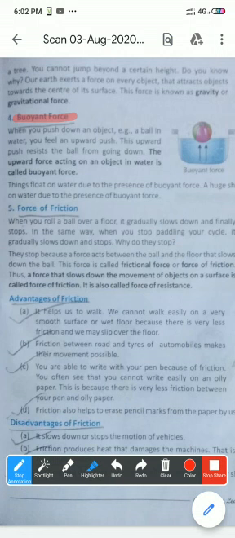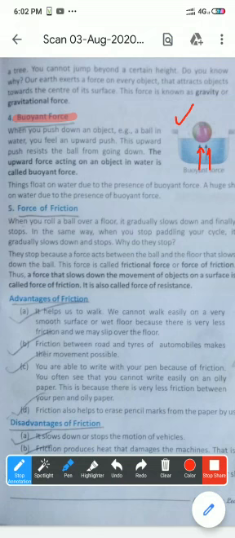Suppose you are taking a ball in your hand, and after that you are putting it inside the water. When you are putting it inside the water, you will observe that one upward force is acting on it.